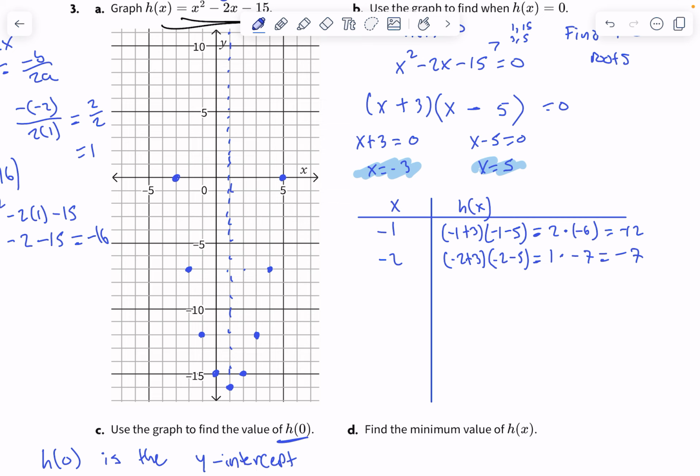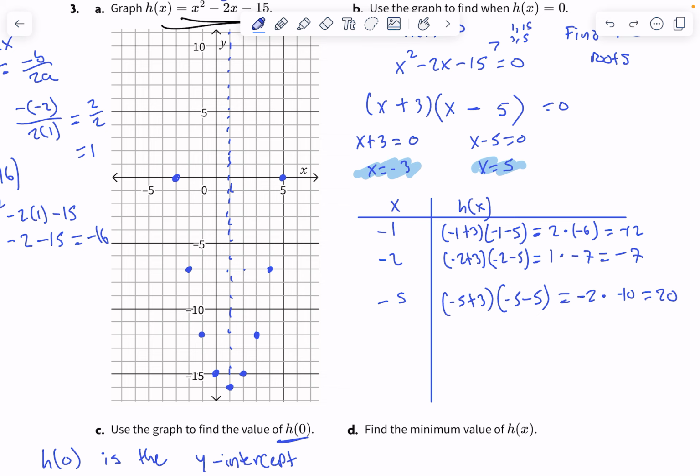So let's use -5. Okay? So then let's do -5 plus 3, -5 minus 5, which is -2 times -10, which is equal to 20. So that's way out there, up in the sky. So -5, 20, somewhere, no, I'm not even gonna graph that, right?